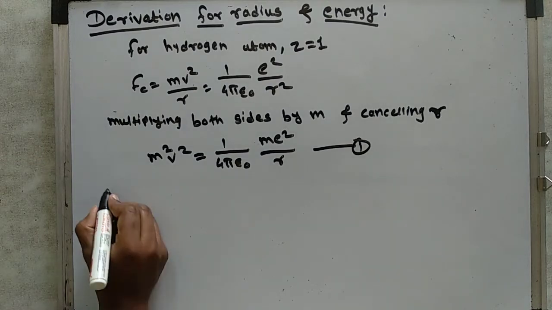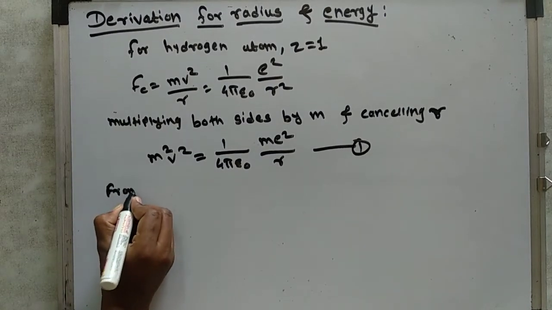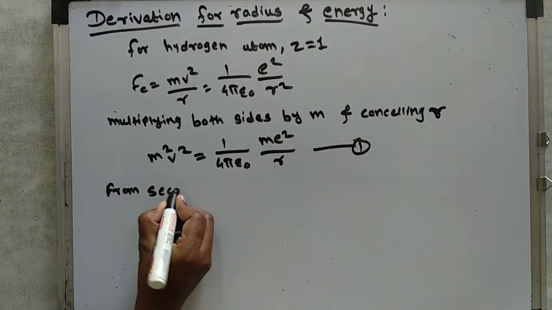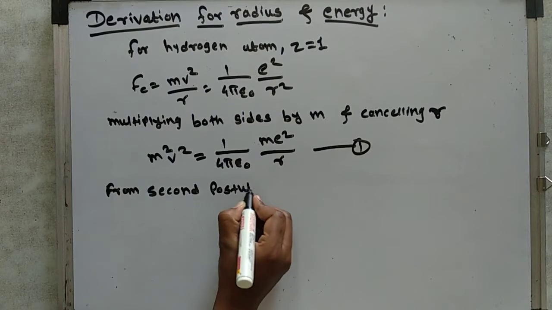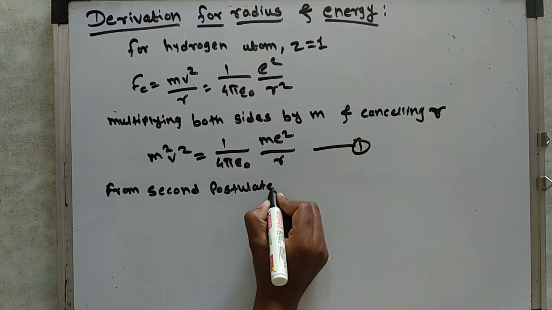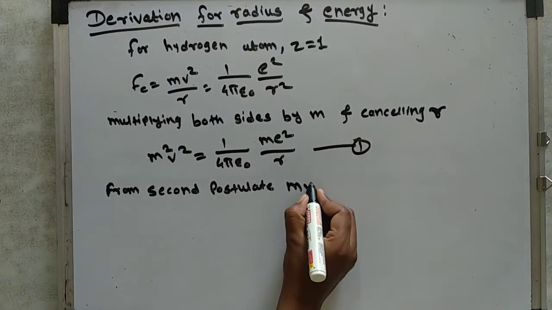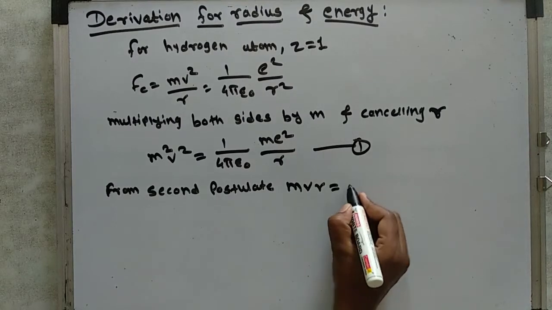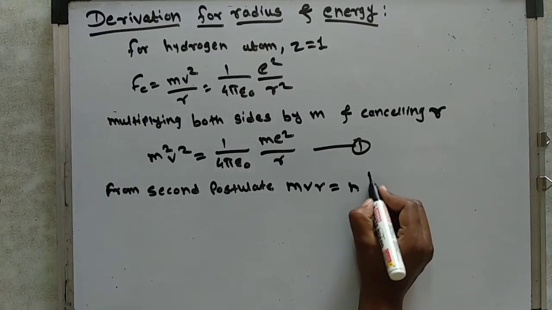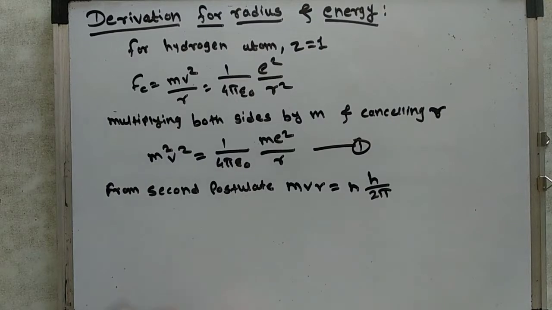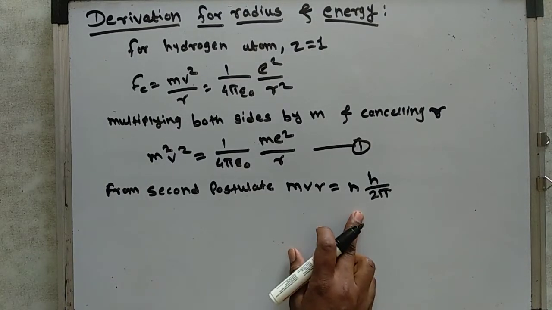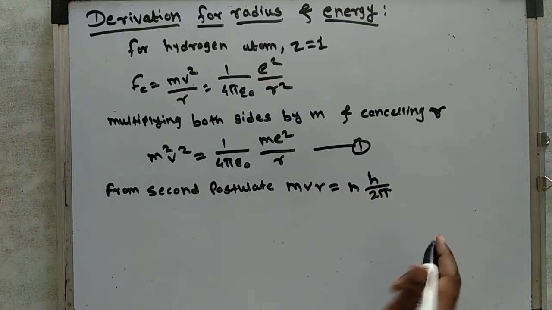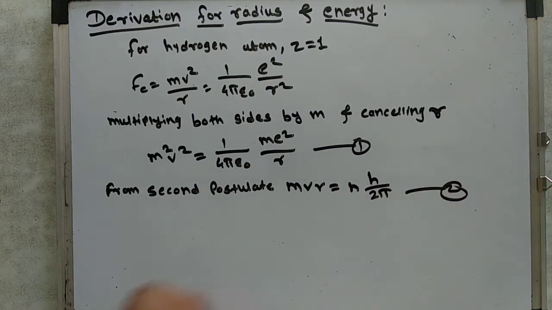From the second postulate, mvr is equal to n into h upon 2 pi. Equation number second.